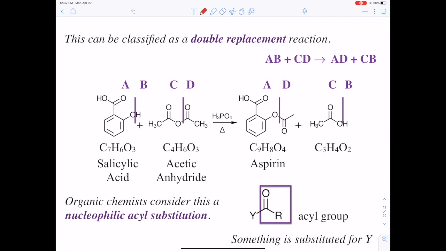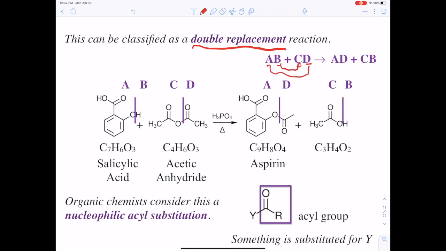This reaction, you can think of it, if you recall from Gen Chem, as a double replacement reaction. So that's where A and B, C and D, it's kind of like the trade partners. So now it's A and D, and B and C are partners.